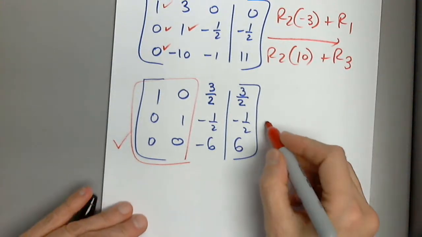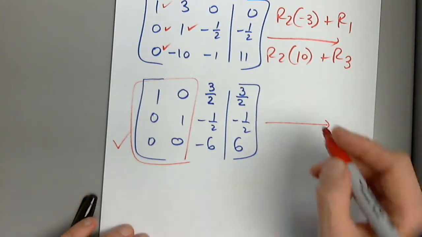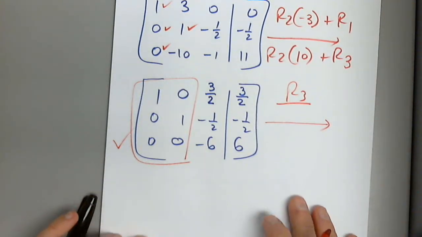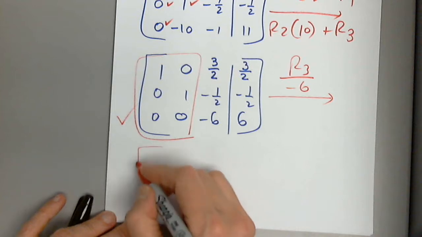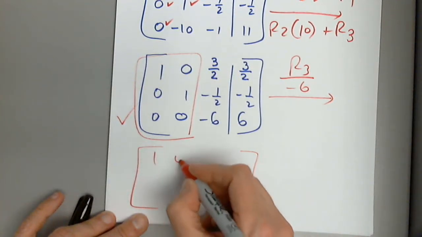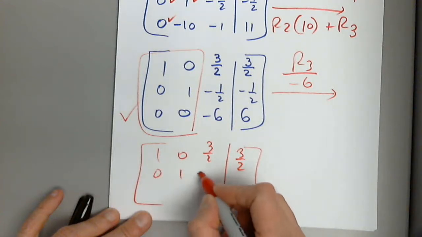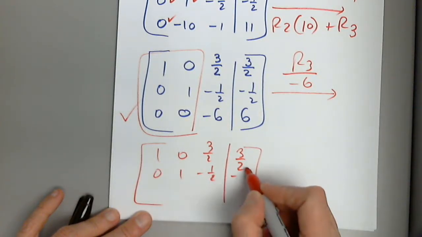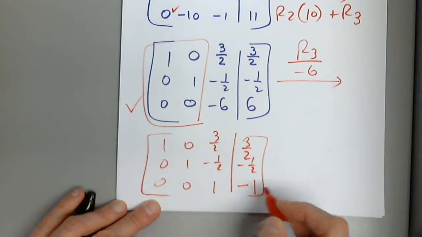Where am I now? Divided by? Awesome. 1, 0, 3/2, 3/2, 0, 1, negative 1/2, negative 1/2, and 0, 0, 1, negative 1.